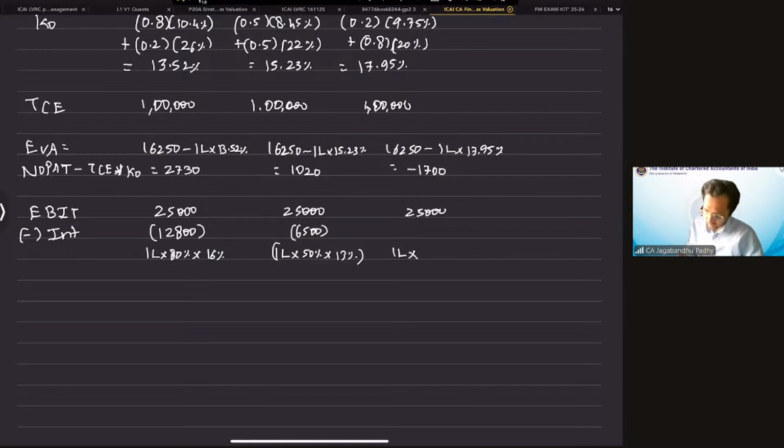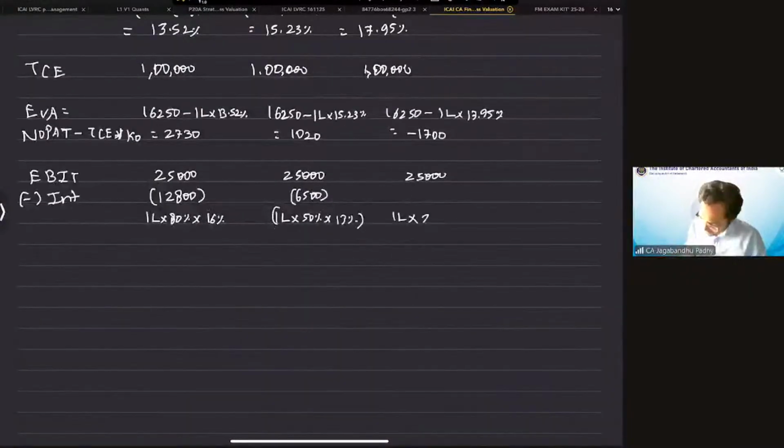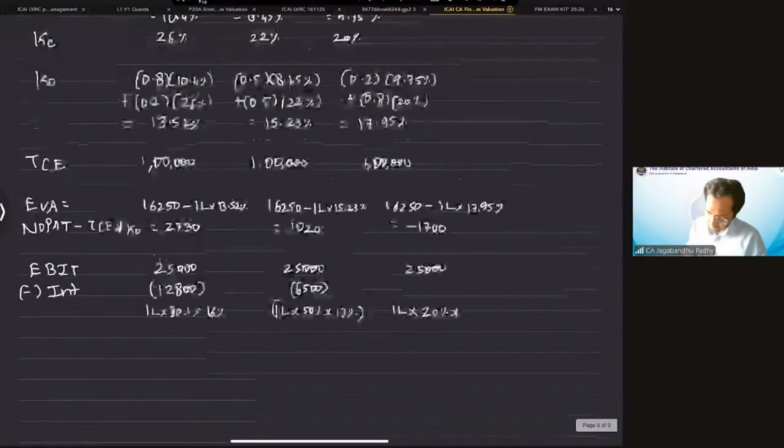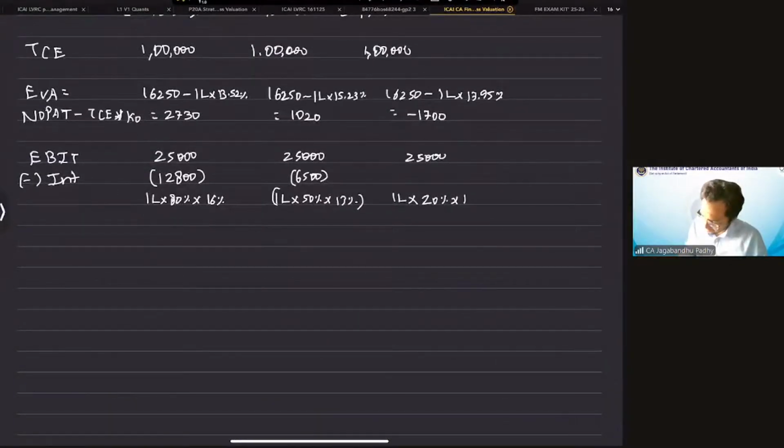And then 1 lakh into weightage of debt 20% into cost of debt 15%, which is 3,000. Now, after subtracting that, we get the value of PBT.